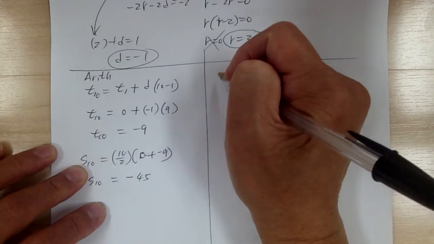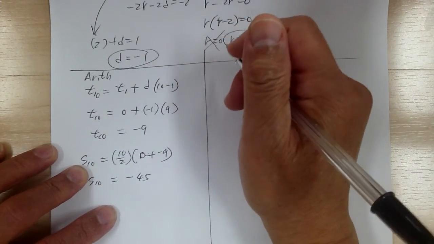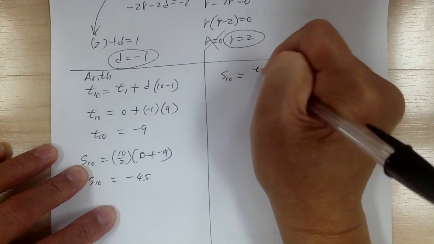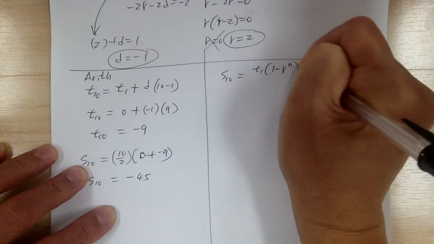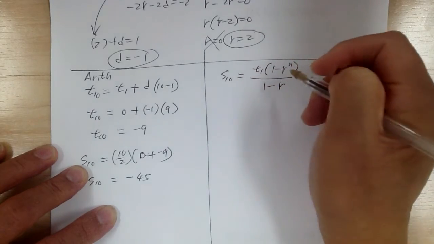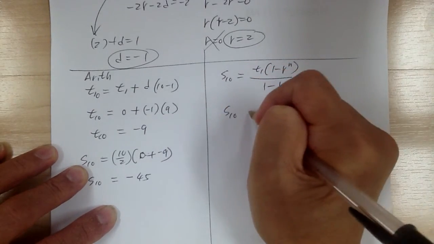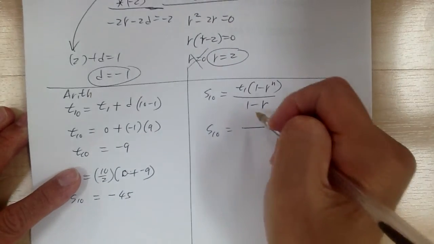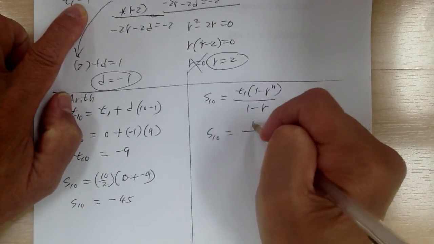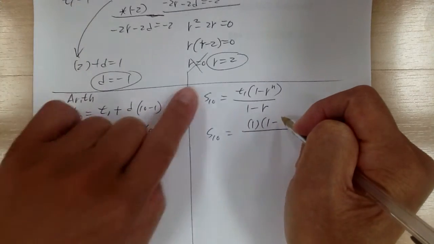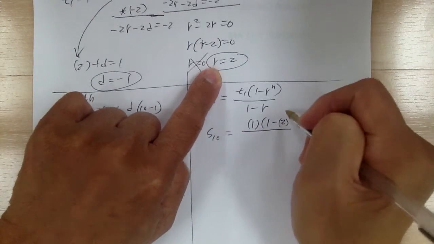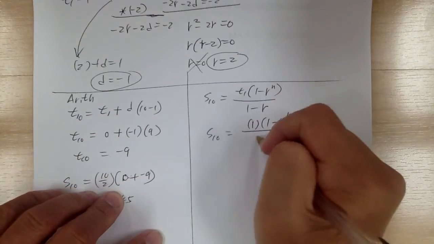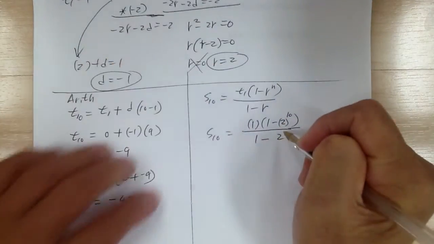Okay, so for the geometric, I don't need the T10. Okay, so S10 for geometric would be T1 times 1 minus R to the n over 1 minus R. So S10 for the geometric would be T1 is 1 times 1 minus R, 2, to the n, 10, over 1 minus R, 2.